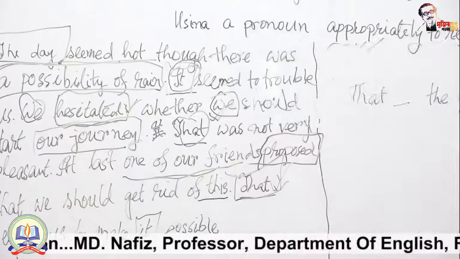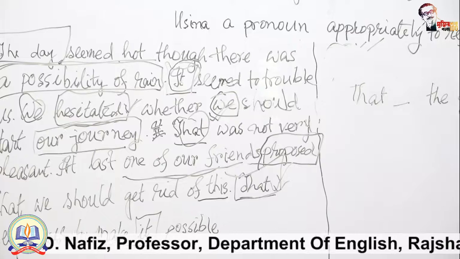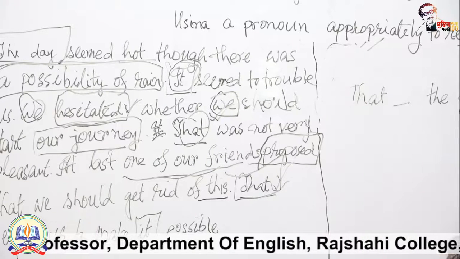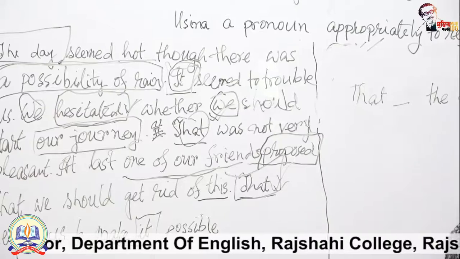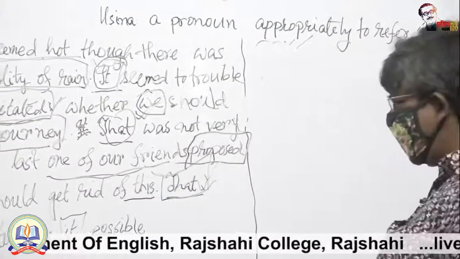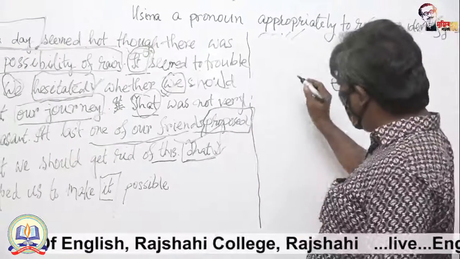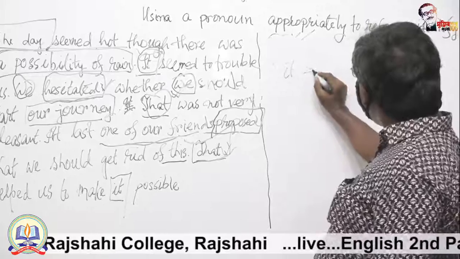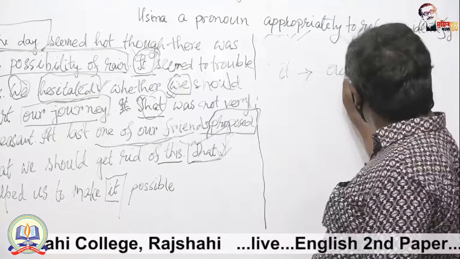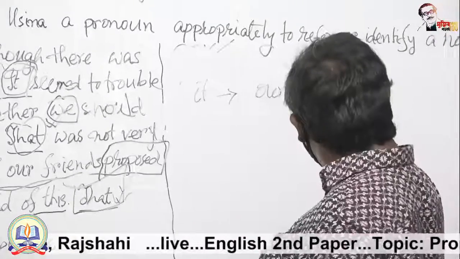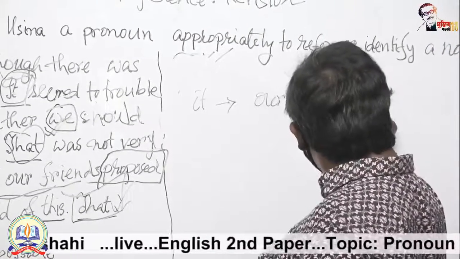If we use this phrase in lieu of it, we will have a clear pronoun reference of the noun, our journey, and in lieu of it we can use our journey.